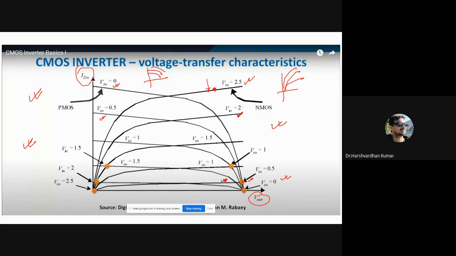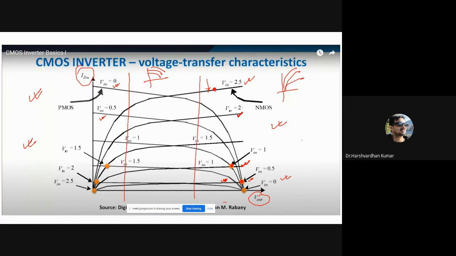Similarly, for V in equal to 1, this dark line is for the NMOS, and we see where it intersects at V in equal to 1. So at this point it is intersecting. Similarly, we have to find the point of intersection for the same input voltage for both NMOS and PMOS. So the total division is like that, right?